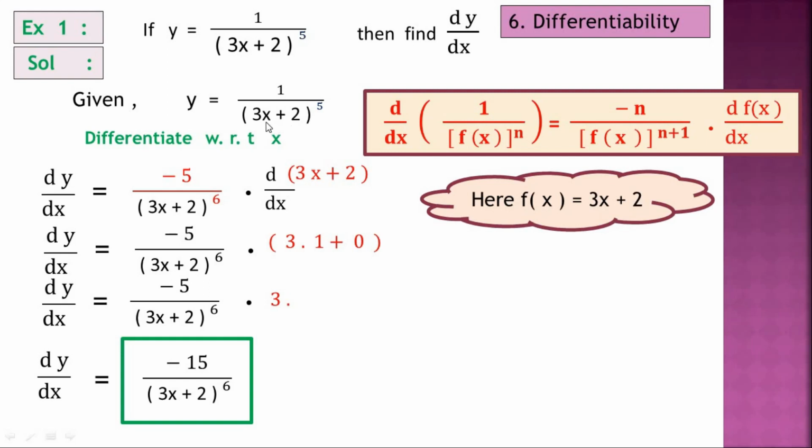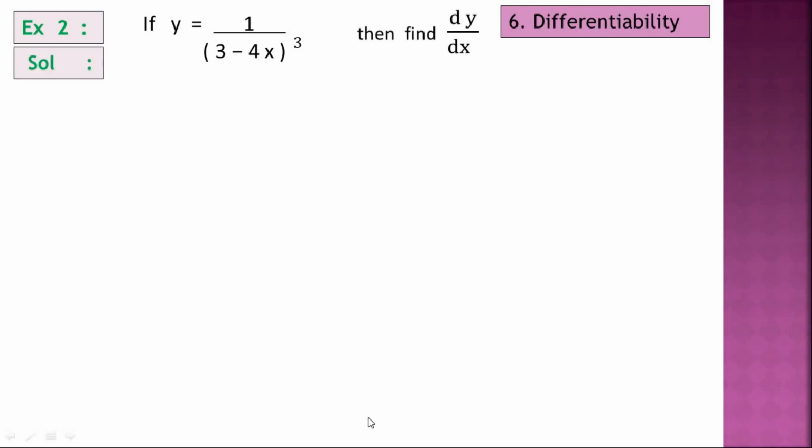If it is a simple function, you can think of the derivative very easily. 3x plus 2 is linear algebraic, so its derivative is 3. So write 3 directly. Okay, no problem. Let's move to the second question, of a similar type. If y is equal to 1 upon 3 minus 4x whole cube, then find dy by dx.